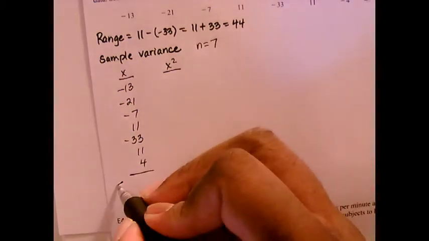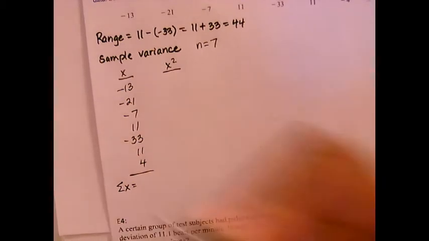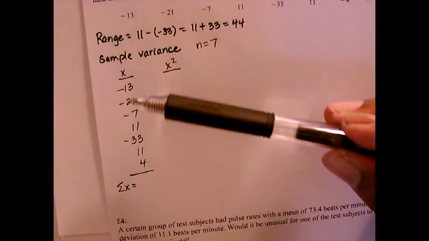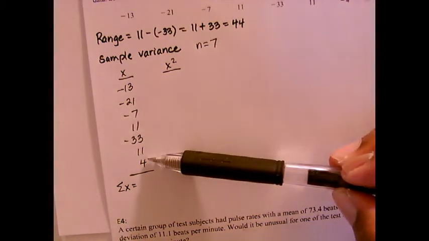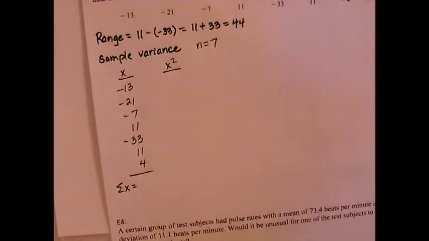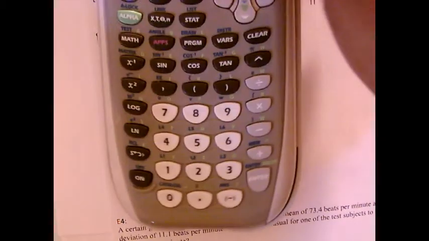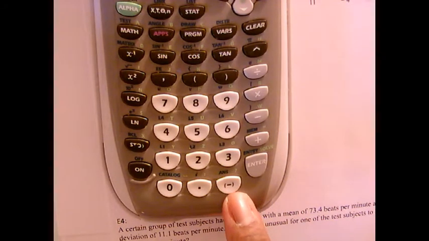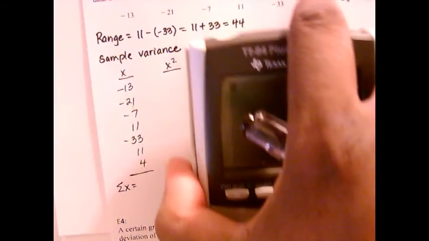And I'll go ahead and take the sum of all the x's. Now, when you add negatives, make sure that you use the negative key, which is at the very bottom of your calculator. That's right next to the decimal point. That has a little minus sign in the parentheses here. That's your negative key. Make sure you use that to add those numbers.